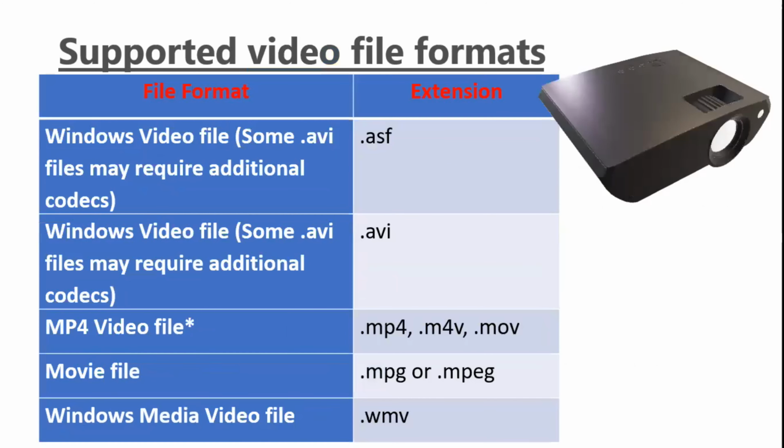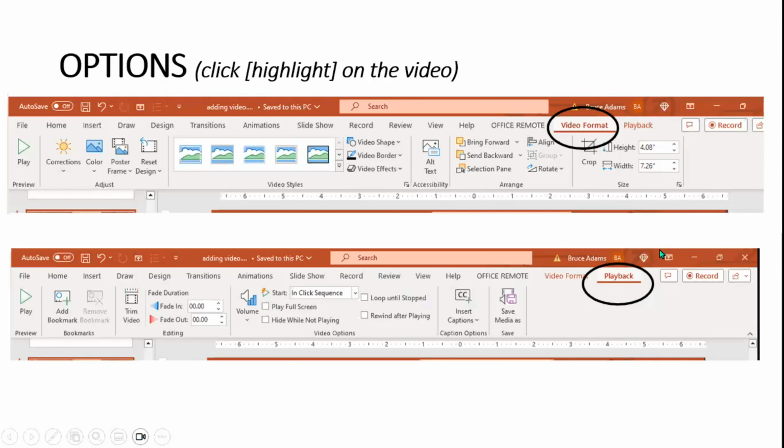The next one should be video formats. I won't read those. There's 5 major sets here. And we've already talked about the video formatting and the playback sub-menu, for lack of a better term.